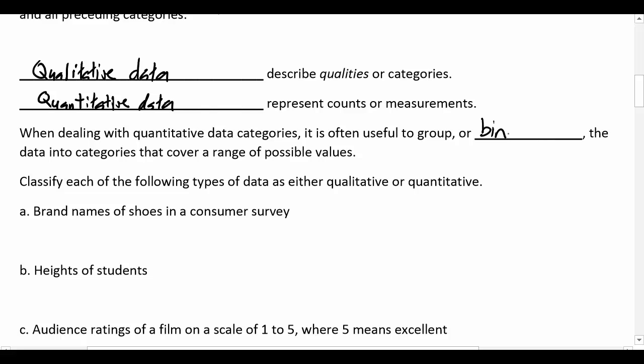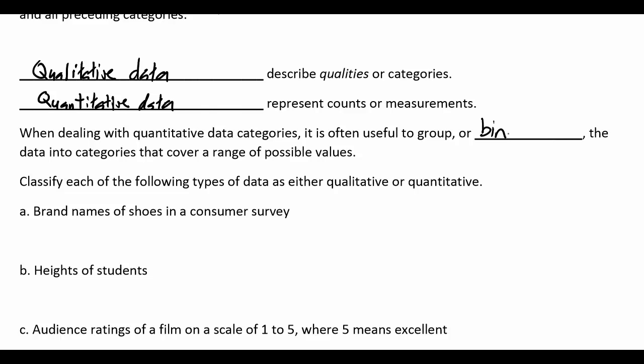Think of cleaning your house, and you've got a box where you're going to stick old shoes, a box where you're going to stick books, a box where you're going to stick old clothes, and you're sorting the data. So each number has a box or a bin that it goes in, and that's related to the types of categories that we have.